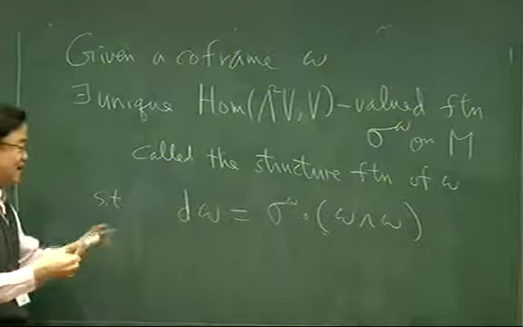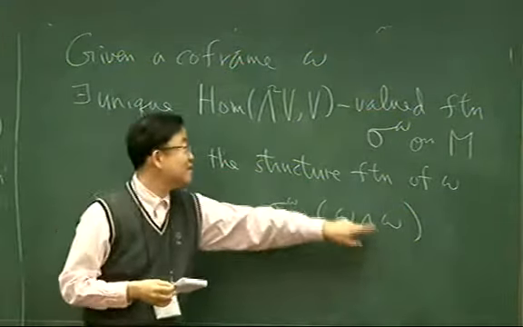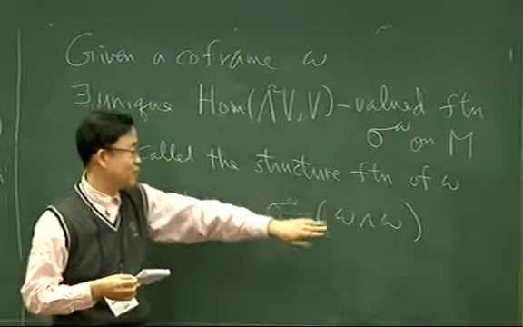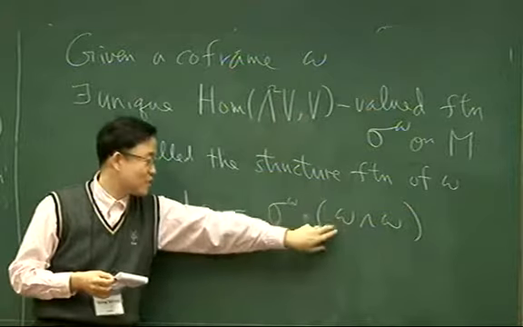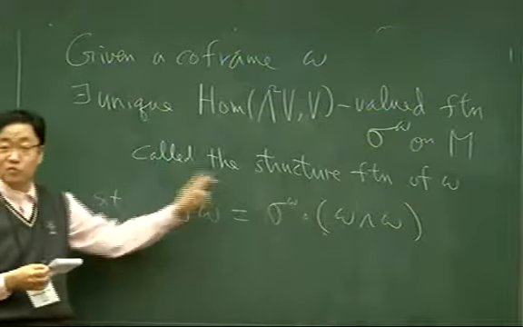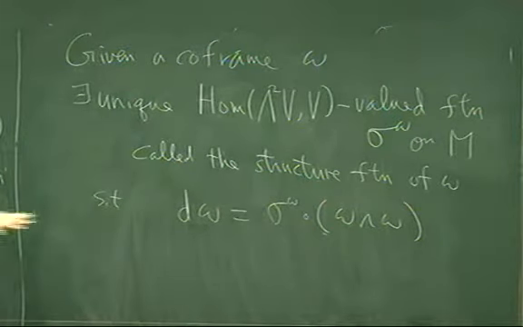So both sides are V-valued two forms, and there's a homomorphism sending this one to this one. So that's the structure function. This is the generalization of the structure function in the Lie group case.